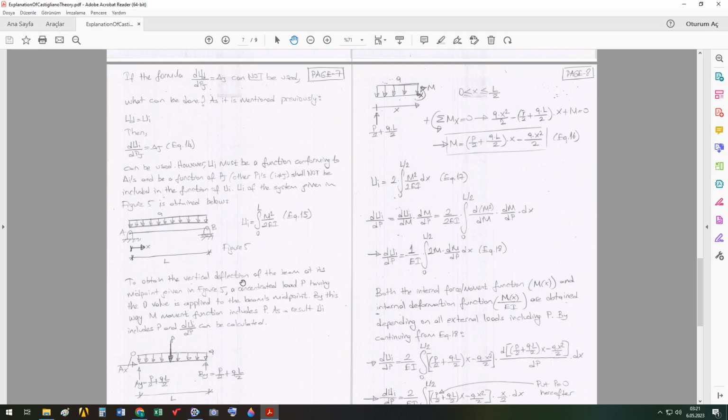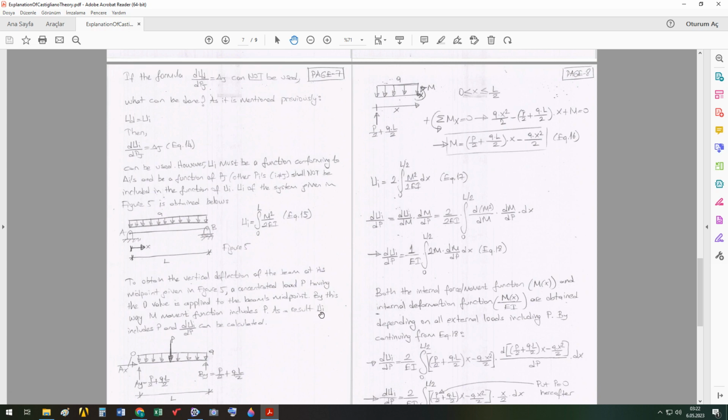To obtain the vertical deflection of a beam at its midpoint, given in figure 5, a concentrated load P having zero value is applied to the beam's midpoint, as you see here. In this way, the moment function includes P, but its value is 0. To take the first derivative, we need the symbol, not a numerical value of P. We will put the numerical value of P later.